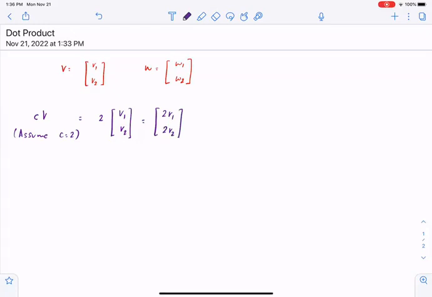In other words, I'm just distributing 2 to each element of the vector.